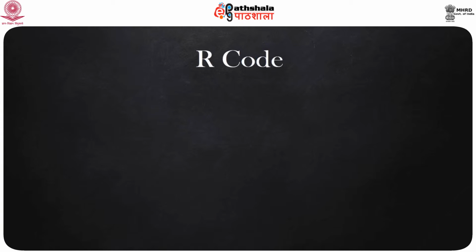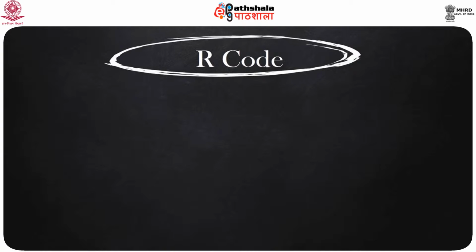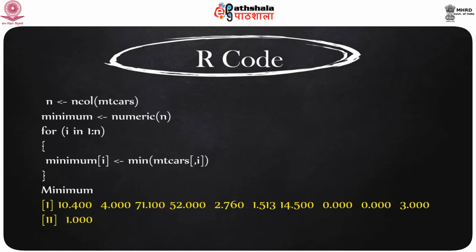Since the same function minimum is applied to each of the columns, the simplest thing that we are familiar with is the use of a for loop. Here exactly we are doing that. Here i runs from 1 to 11, which is the number of columns, and hence the vector named minimum contains all the minimum values corresponding to the columns.